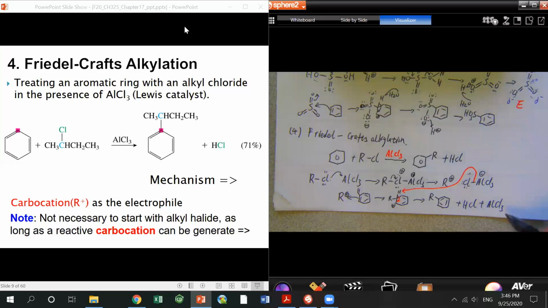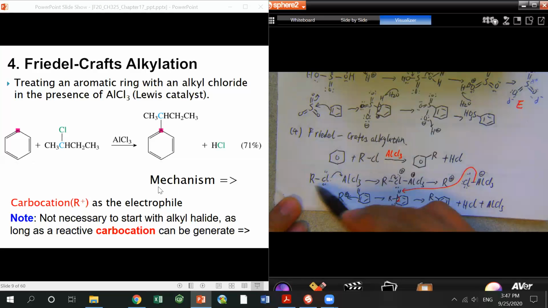You can see that aluminum chloride acts as a catalyst, so it gets recycled in the whole reaction. For this reaction, you can see the general carbocation intermediate is the electrophile. Not necessarily do you have to use aluminum chloride with an alkyl chloride as a reagent.